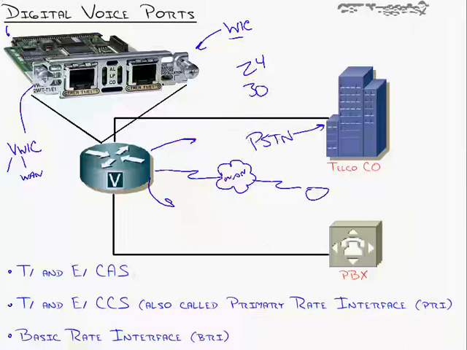So depending on which flavor you decide to use, CAS, also known in the T1 world as robbed bit signaling, CAS will give you the full 24 channels, but degrade the quality of your voice, not noticeably, but degrade it because it's going to steal or rob bits from the actual voice channel to comprise the signaling. In the data world, most people will use CAS connectivity. That's just common for these kinds of connections.